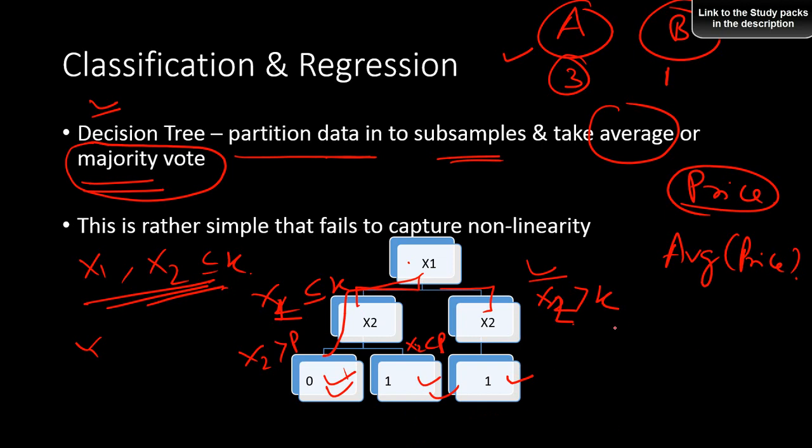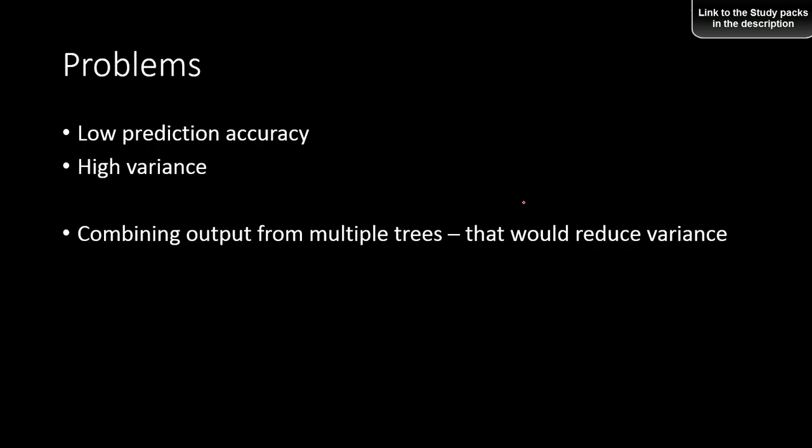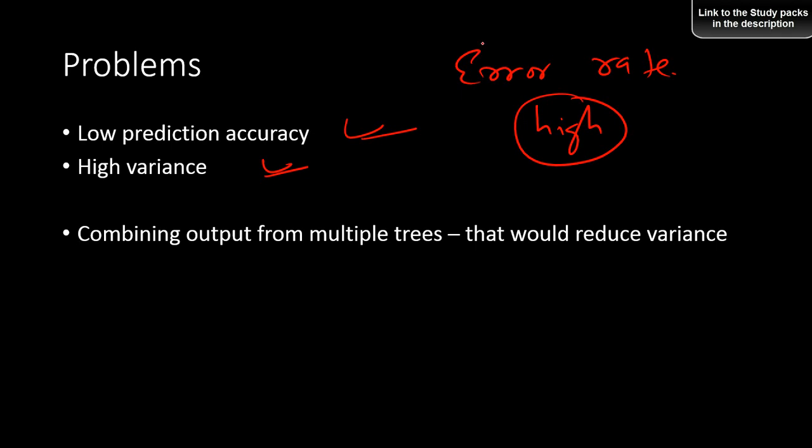That's the way you build a decision tree model, which is probably one of the simplest ways of building a model. But the problem with this is that there is low prediction accuracy and high variance. That means the error rate would be quite high, because it's quite simple and it doesn't take care of the non-linearity involved.